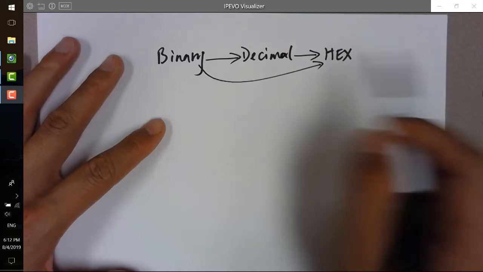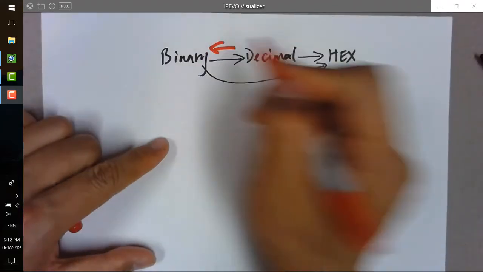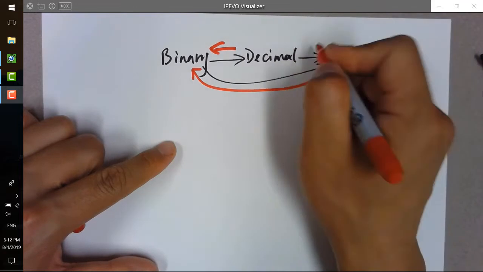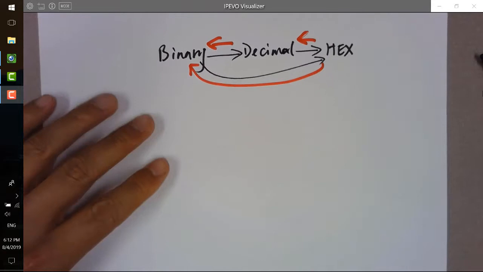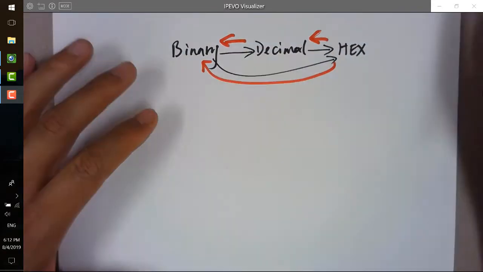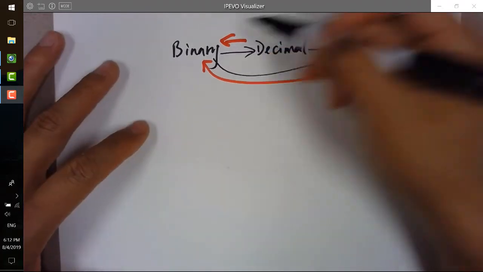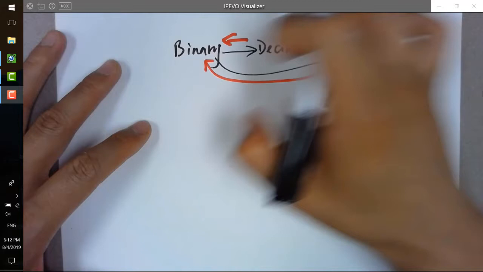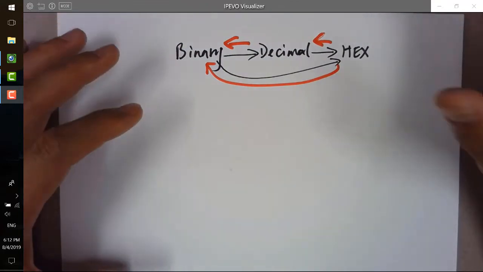And how can you convert these numbers back as well? These are pretty important, and we are going to go through these conversions in this lecture. Let's see if we can get it done in 20 minutes or so, so you know how to convert between these three number systems and can do the homework.